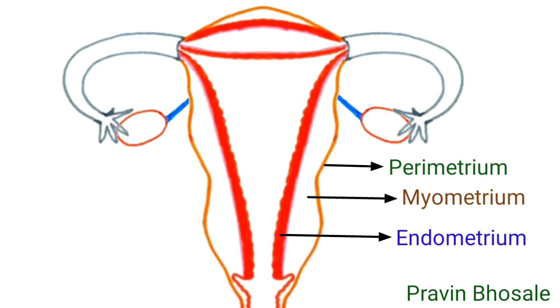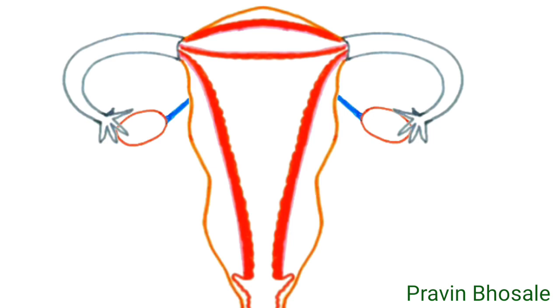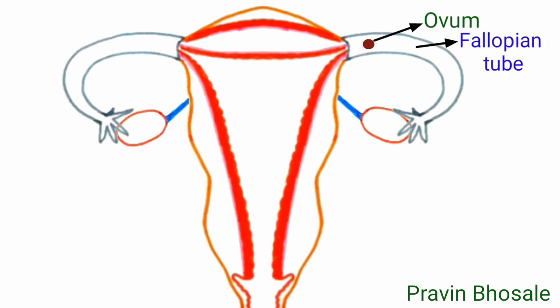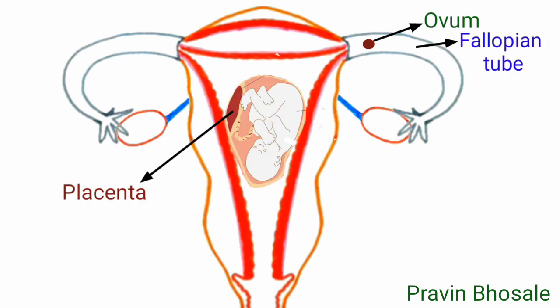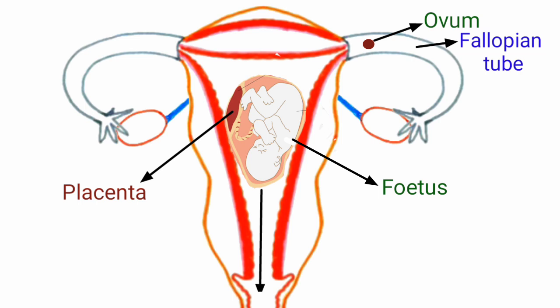It shows many uterine glands. It undergoes cyclic changes in thickness during the menstrual cycle. The uterus receives the ovum from the fallopian tube. It forms the placenta for the development of the fetus. It expels the young one at birth.